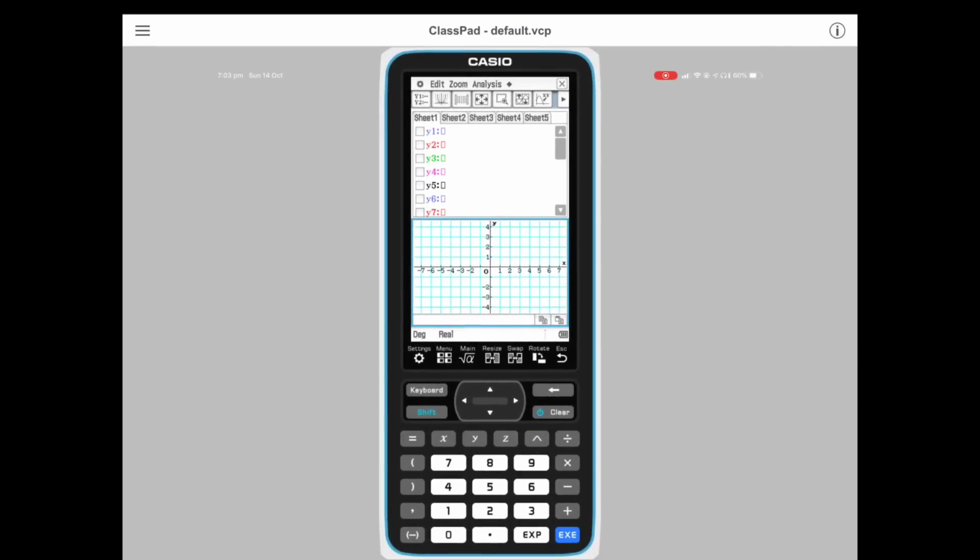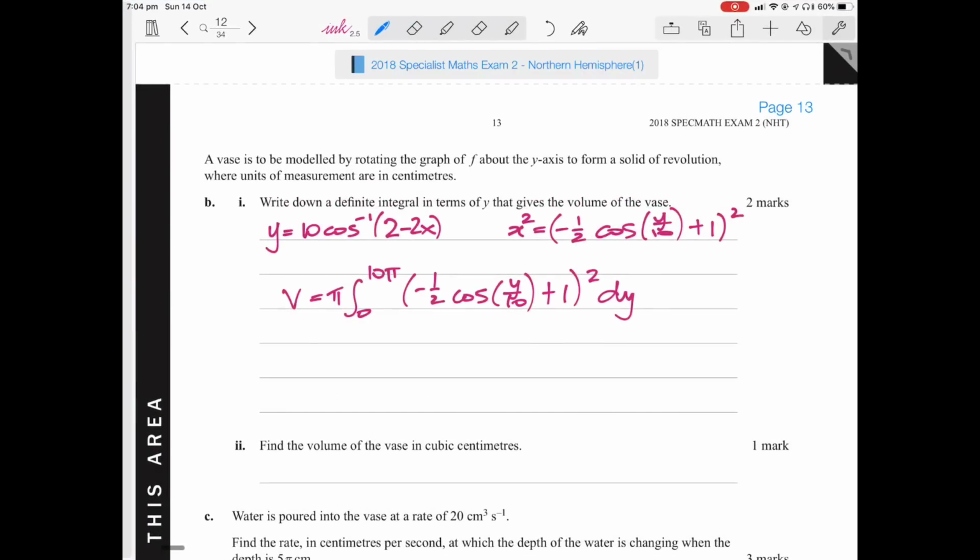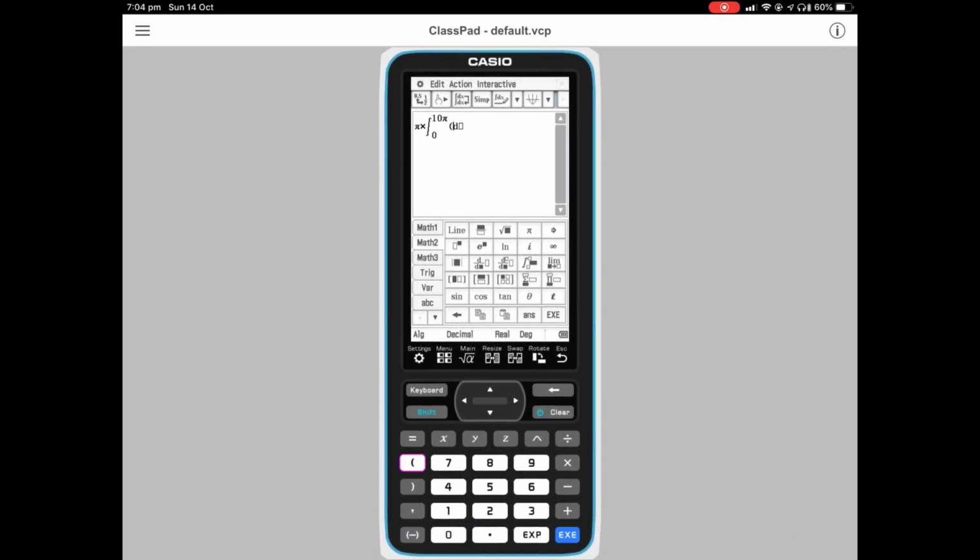Okay, so back to our CAS. Pi times the integral from 0 to 10 pi of, what was our function?